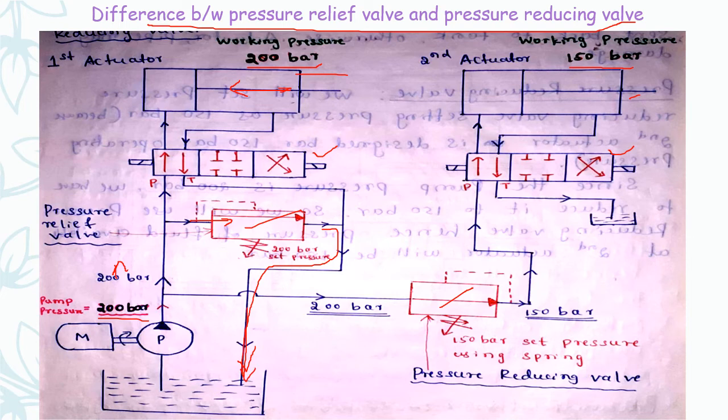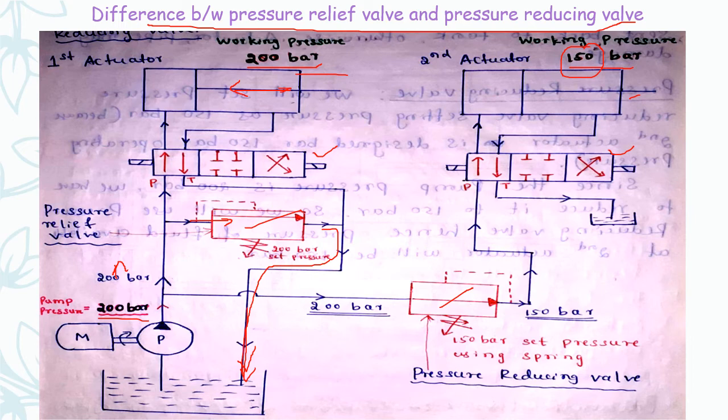Now in case of the second actuator, the working pressure of the second actuator is 150 bars. That is, your second actuator is designed for a working pressure of 150 bar.